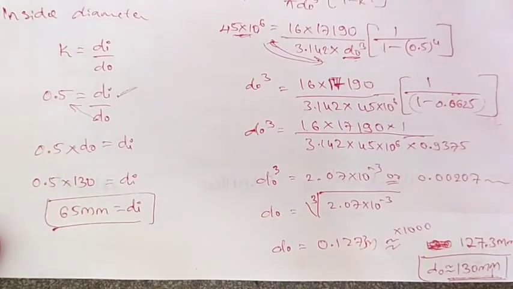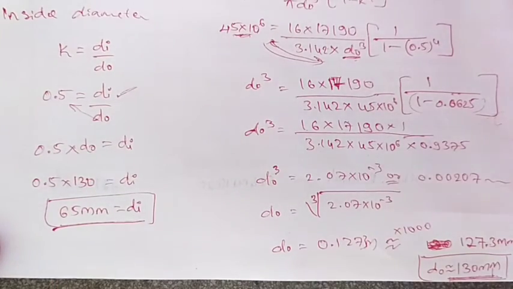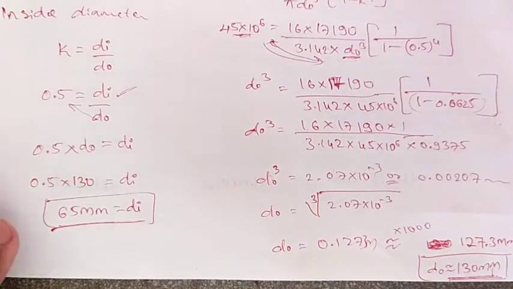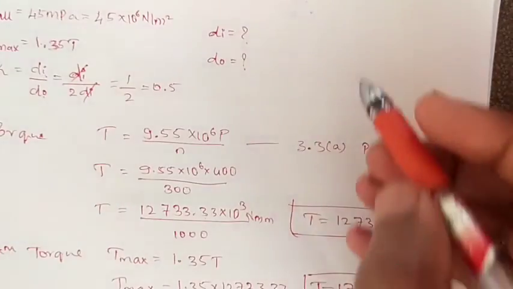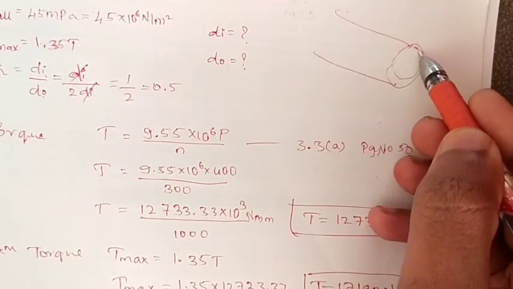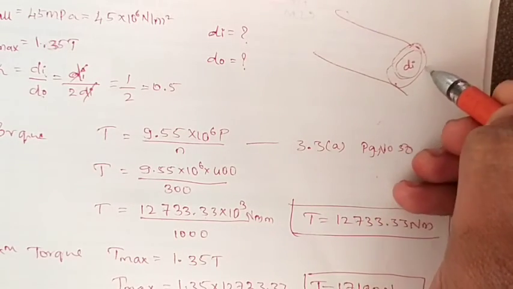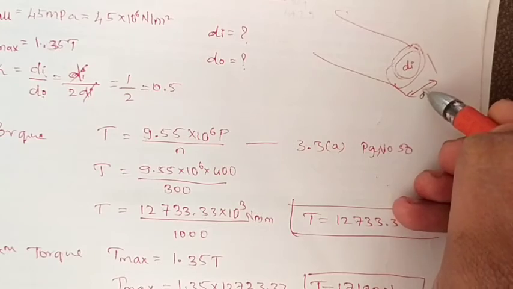So we are getting two values, d naught is equal to 130 and di is equal to 65 mm. This is the hollow shaft. When you are using a hollow shaft, you will have two diameters: one is di, one more is d naught.